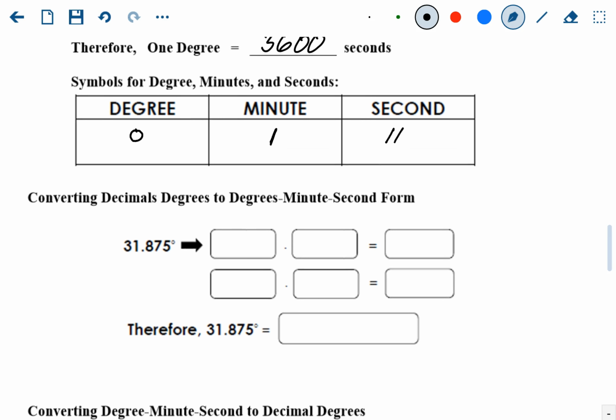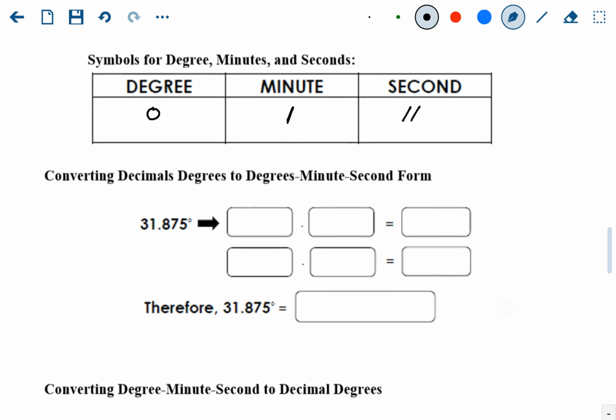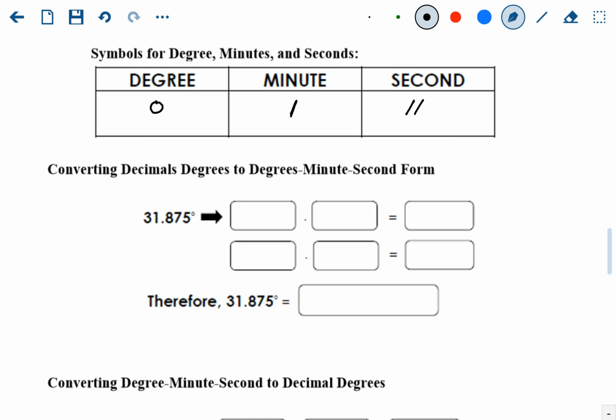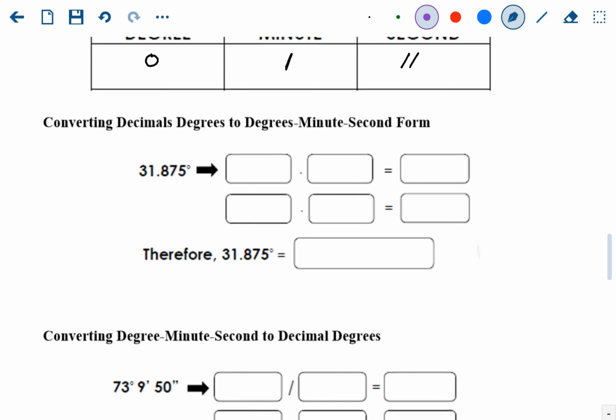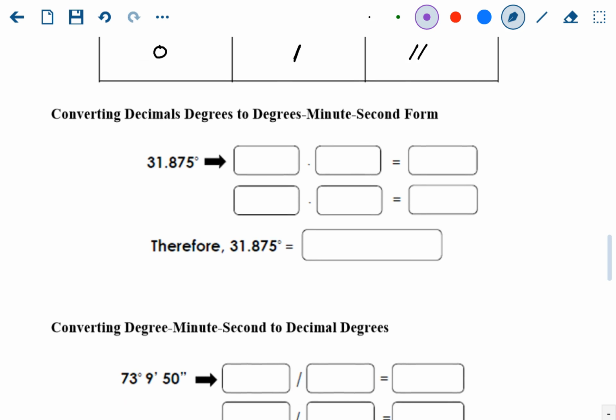All right, so how do we convert from decimal degrees to degrees, minutes, seconds? In this example, we have 31.875. What you start with is the decimal portion. We know it's 31 degrees. The 31 degrees part is fine. It's not the decimal part.